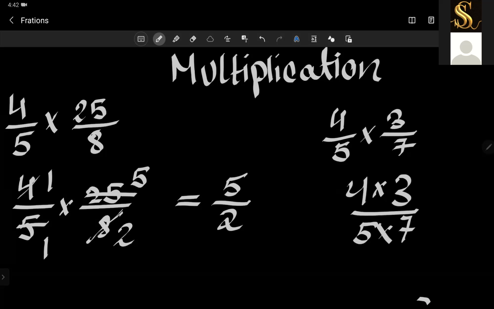So this will become minus. So the answer here will come 1 upon. So now for the denominator, multiply 8 into 4, which will give us 32.